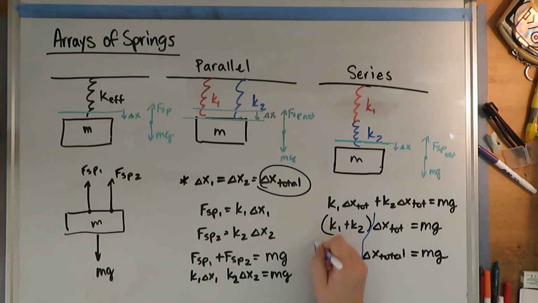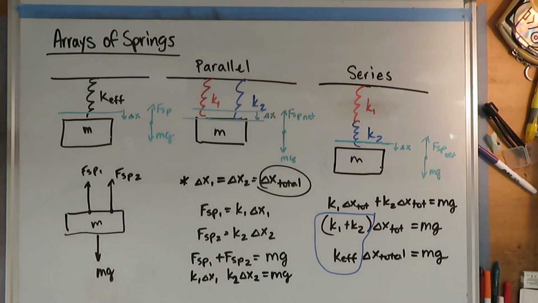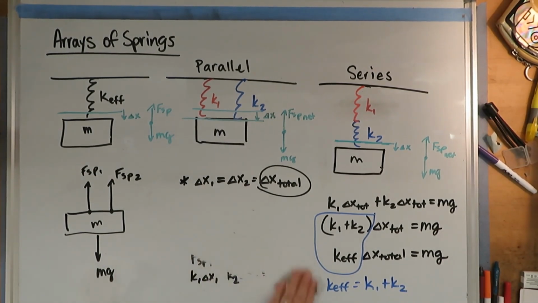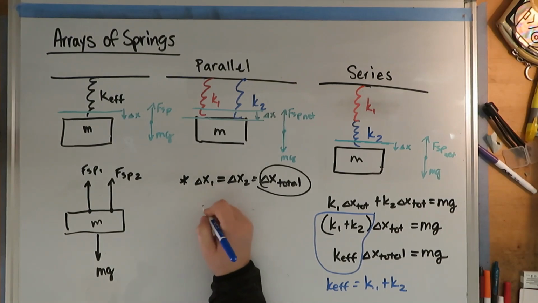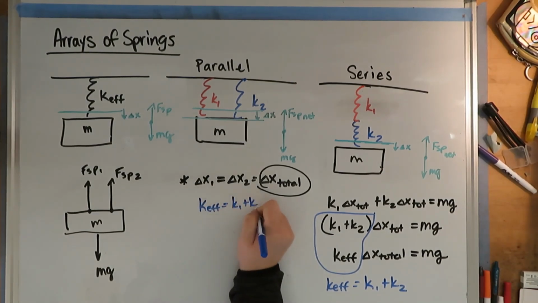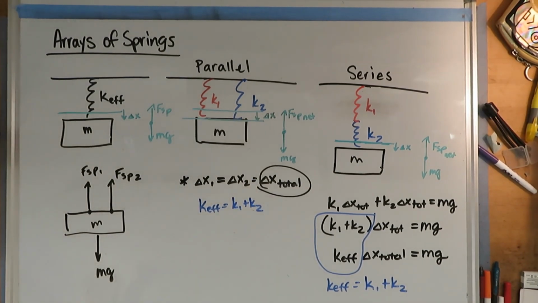So this tells me that when I have parallel springs, my effective spring constant is the sum of K1 and K2. That is always going to be true for parallel springs. So for parallel springs, we assume that the displacement for each spring is identical and that the effective spring constant is K1 plus K2. So that's parallel springs.